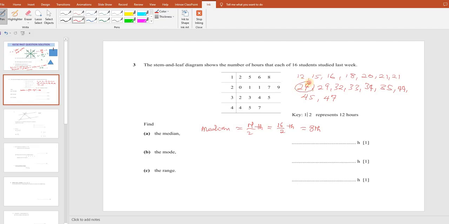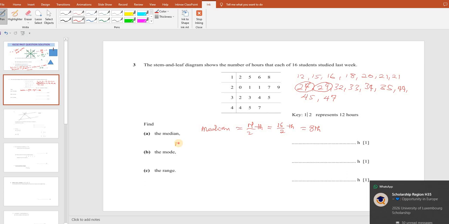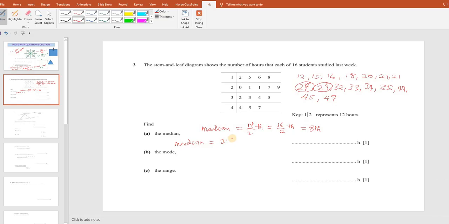Then let's count from the back, 1, 2, 3, 4, 5, 6, 7, 8. So we have two central values, and we take the average of the two values. So the median will be the average of 27 plus 29 divided by 2, which is 56 divided by 2, and the answer will be 28.